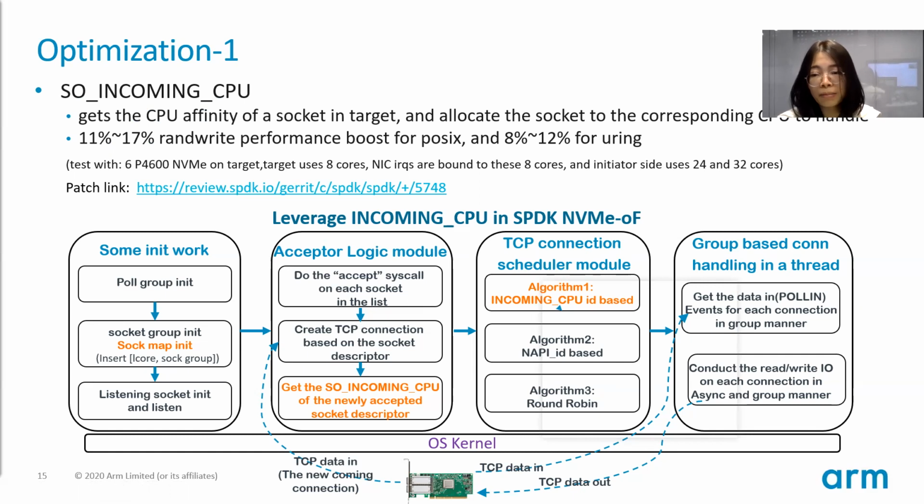If the ID hits, which means it finds an entry in the map, then the socket goes to the corresponding group to handle, or if not hit, it gets a group by the default round robin method. You can refer to the page link here for details.